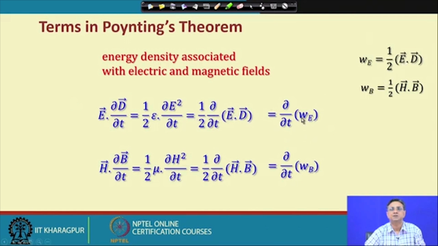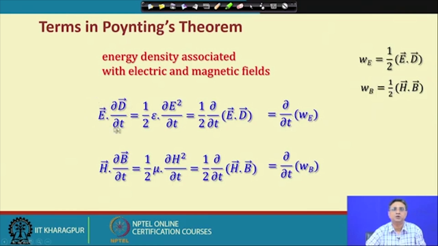So, it gives you this quantity, and in the same way, if we proceed, then for H dot del B del T we can write half mu into del T of H square, which is equal to half of del T of H dot B, and in turn this gives you del T of W B, which is the energy density associated with the magnetic field.